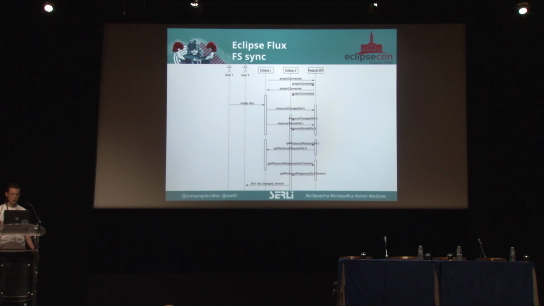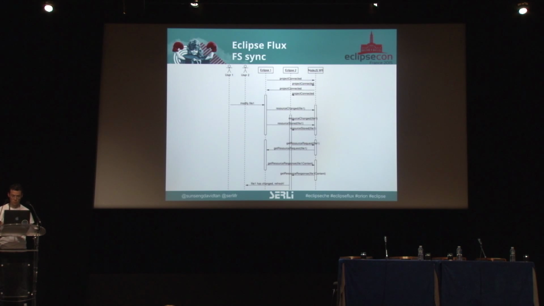For instance, user one, who is using Eclipse 1, modifies a file. Eclipse 1, which has the Flux plugin, will send a message to all the participants saying that this file has changed. And the Flux Node.js server will broadcast the message to all the participants.